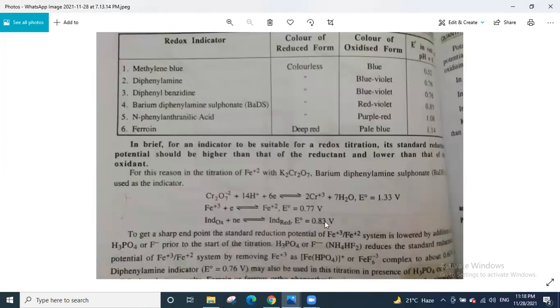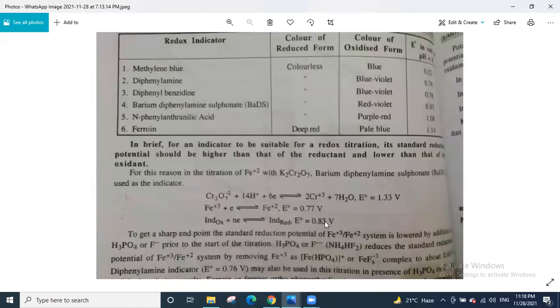When we perform the titration, the first reaction is between the titrant and the analyte. When all of the analyte is consumed, the second reaction starts between the titrant and the indicator.